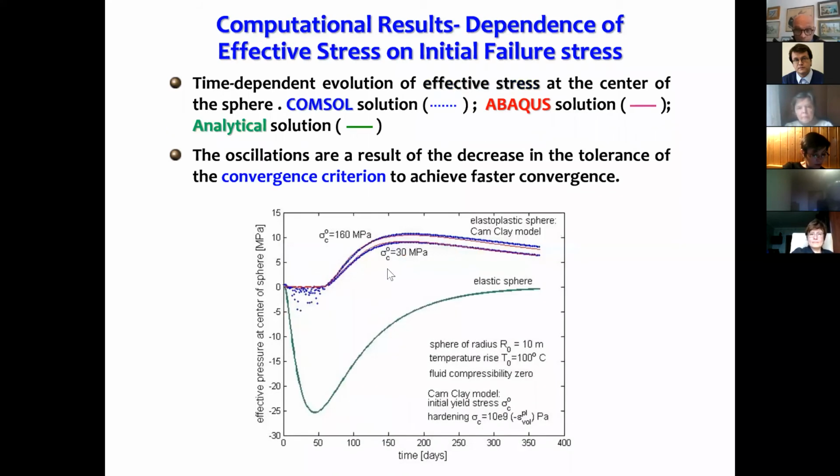Some word of warning there. Sometimes your solution can become unstable. These are the COMSOL solutions in blue, and they can become unstable at short time intervals. This really depends on the time integration scheme that's embedded in the COMSOL solution, and that's something one has to watch out for.